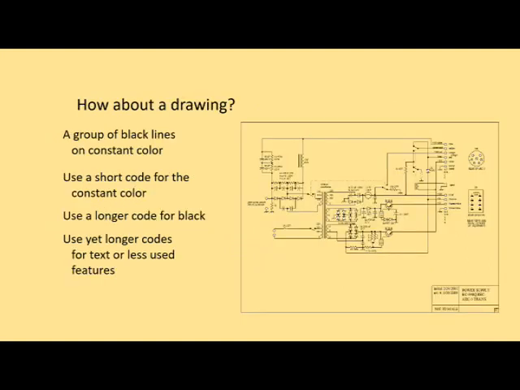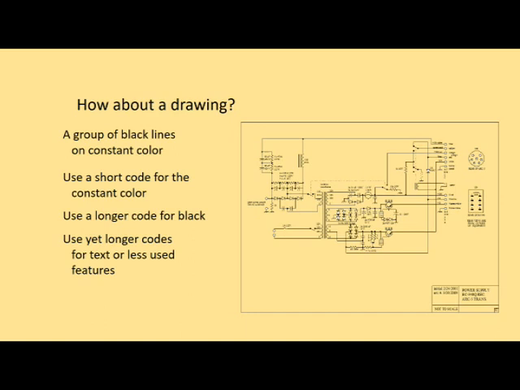Well then, how about a drawing? A drawing is a group of black lines or some constant color line on some constant color paper, often white. If I were to break this into pixels and try to transmit it, it would make perfect sense to use the shortest possible symbol for the paper background color, the most commonly occurring pixel, and a short symbol for the black pixels along the lines.